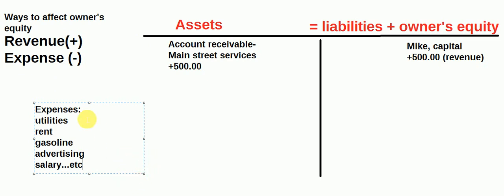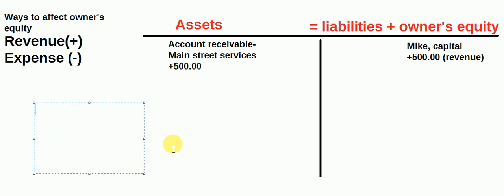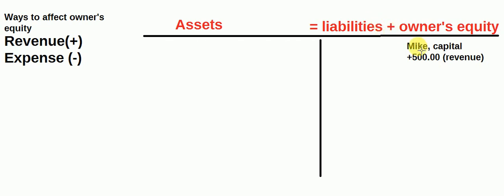Okay, so expenses lower the owner's equity. Let's be aware of that. Let's look at some transactions that illustrate the lowering of your owner's equity. It says January 12, pay cash for communication bill for cell phone and internet service, $80. So obviously, you pay cash.